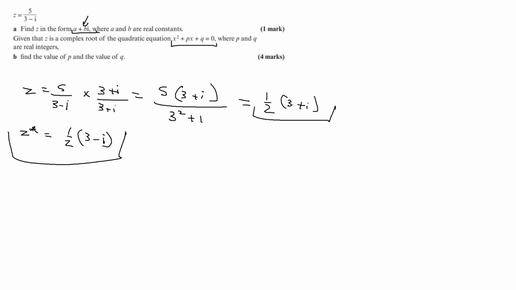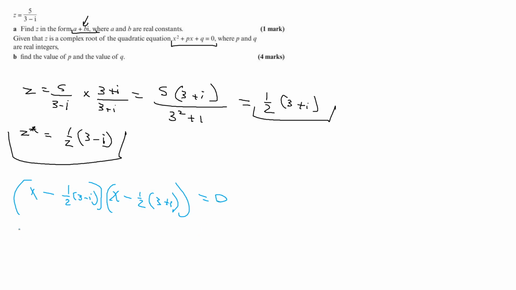So let's first figure out what the quadratic is. So, x minus a half times (3 minus i), times x minus a half times (3 plus i), that's going to be equal to 0.